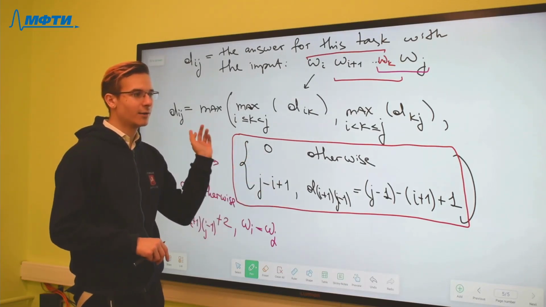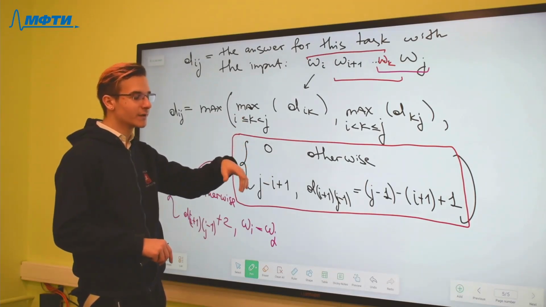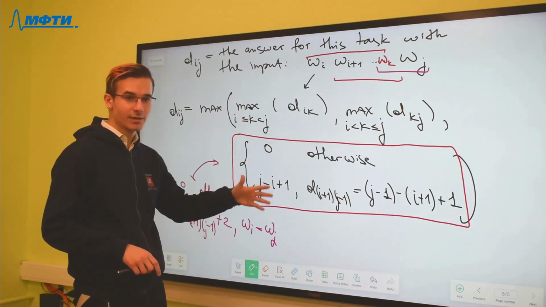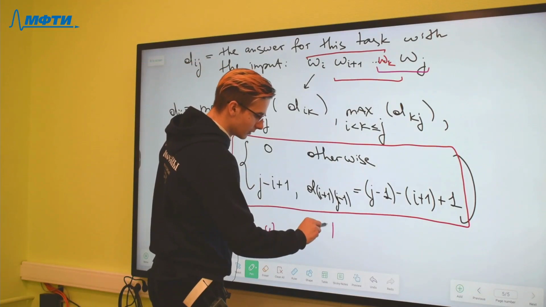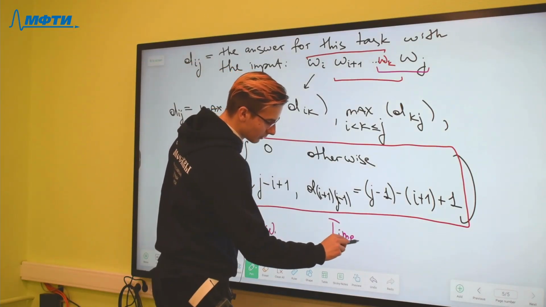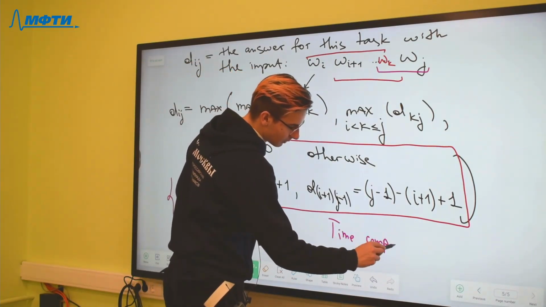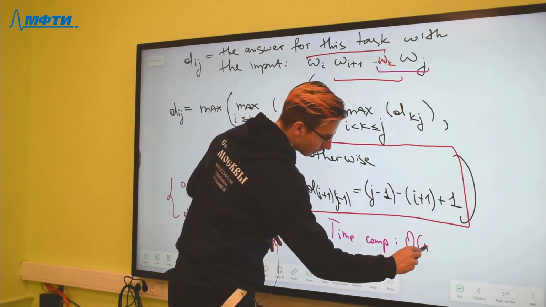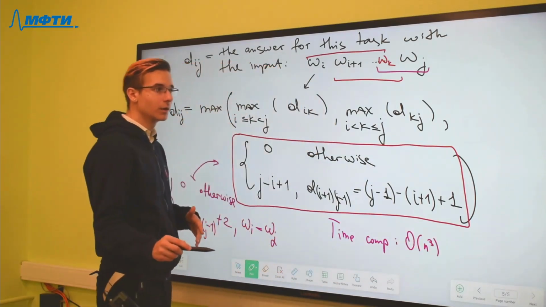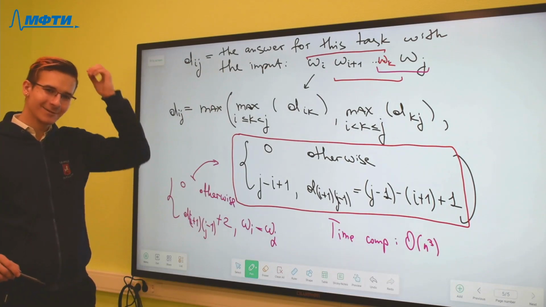And our algorithm has the same time complexity, O(n^3), which is better than exponential time, of course.